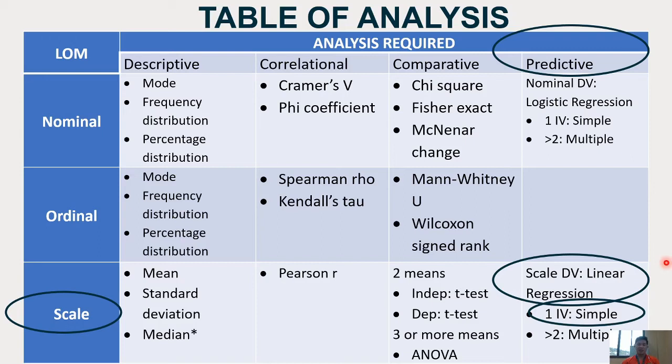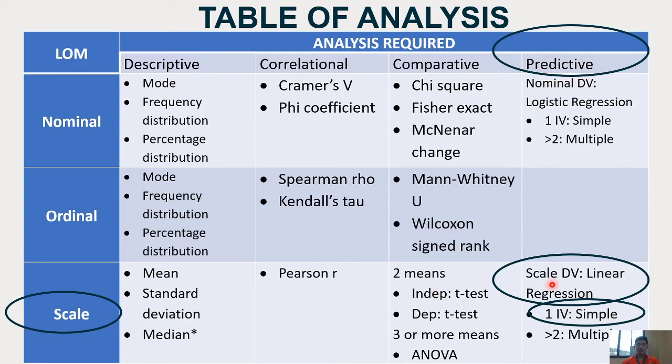So earlier from the example, we have framed that the research scenario is a predictive type of research. So the table of analysis says that it's predictive and the level of measurement of data is scale.